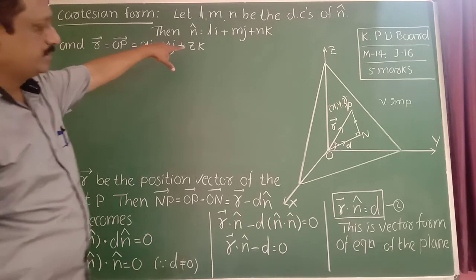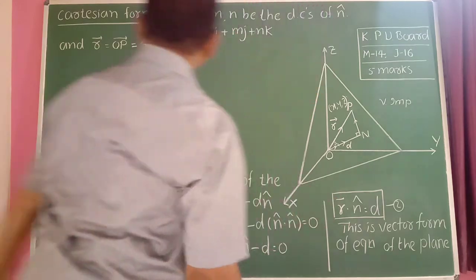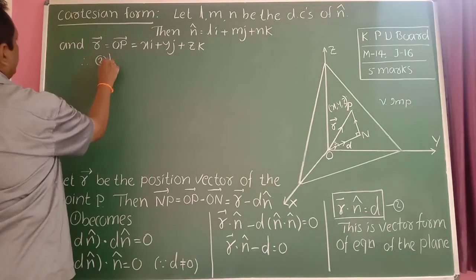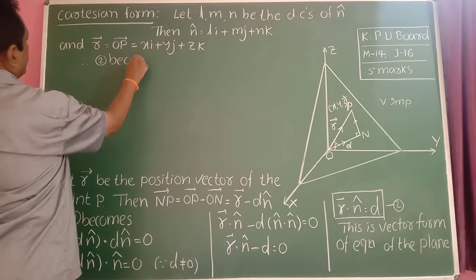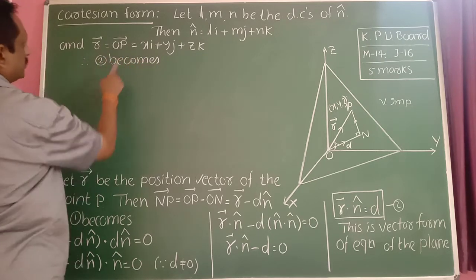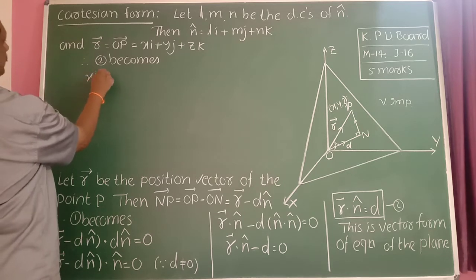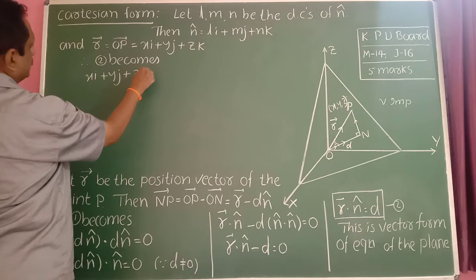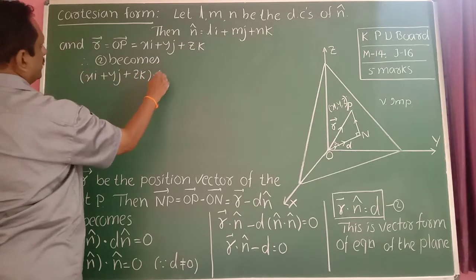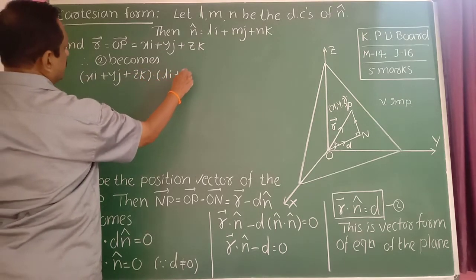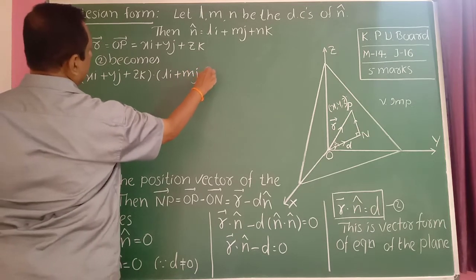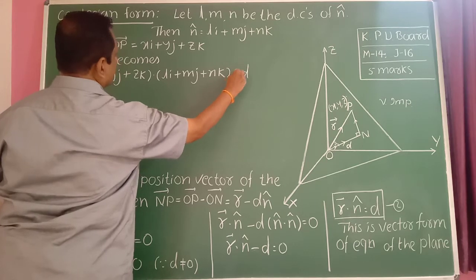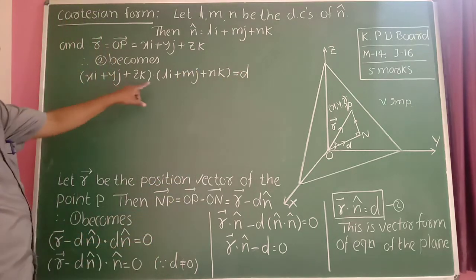Use both vectors in the equation 2 here. Therefore equation 2 becomes, R bar is Xi plus Yj plus Zk dot of Li plus Mj plus Nk is equal to D. And it's a dot product here.